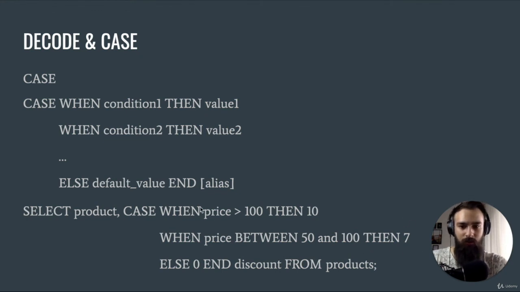And if the price isn't greater than 100 or between 50 and 100, then the discount will be 0%. Notice that we don't have equality conditions here. We have a greater than operator and a between and operator.